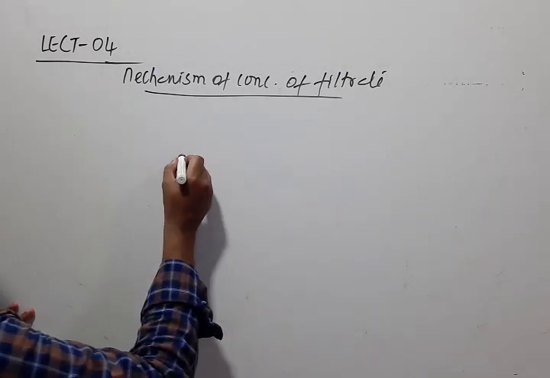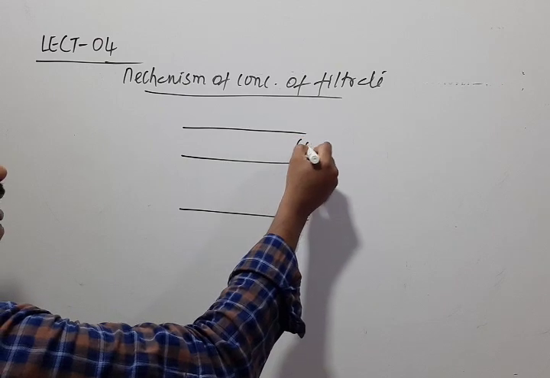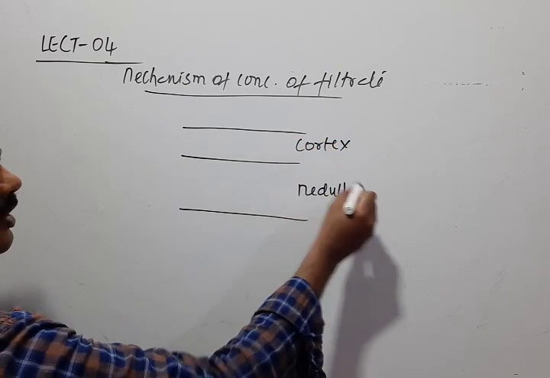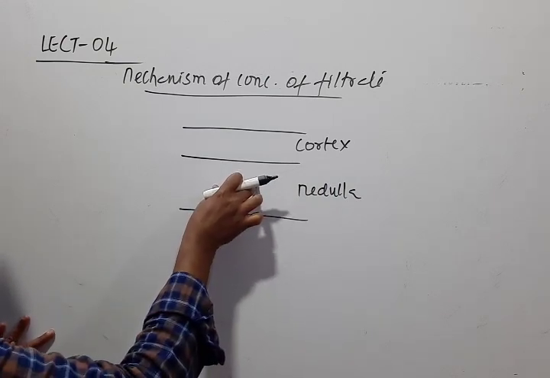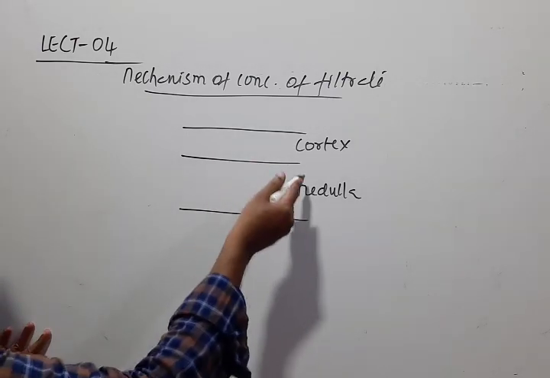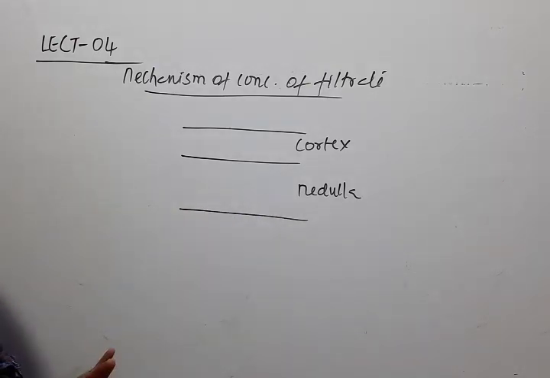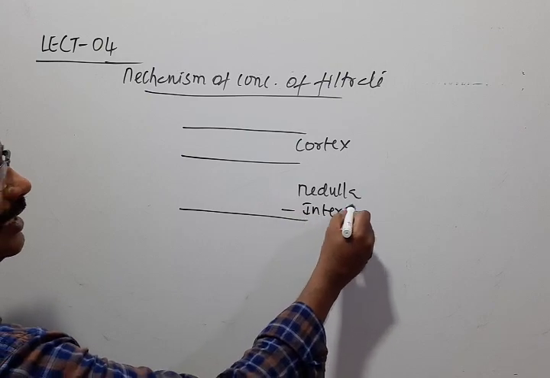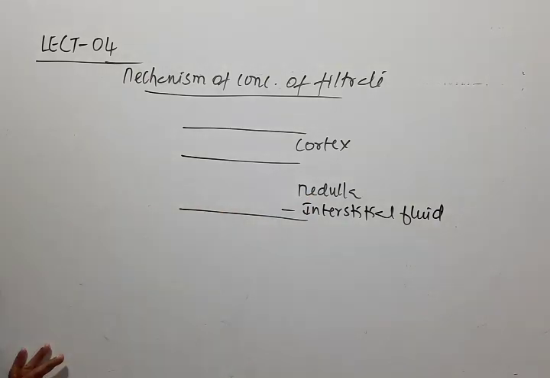When we see the outer cortex to the inner medulla, there is an increase in the osmolarity from the cortex to the medulla. I told you that there are fluids that fill up these medullary regions, which we call interstitial fluid, and that will surround the nephrons.